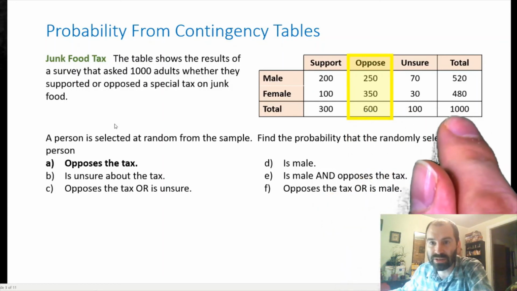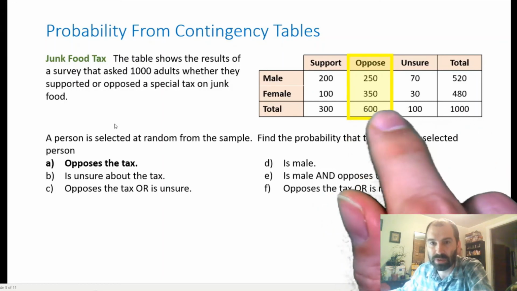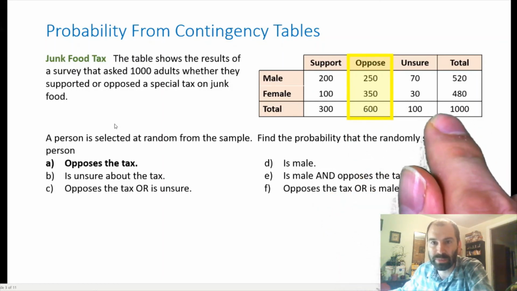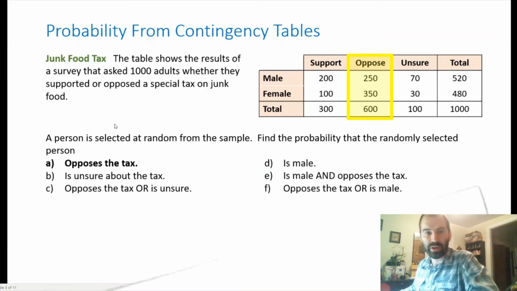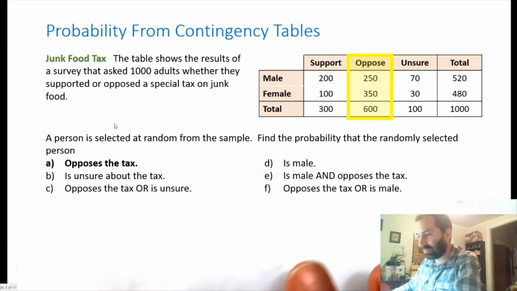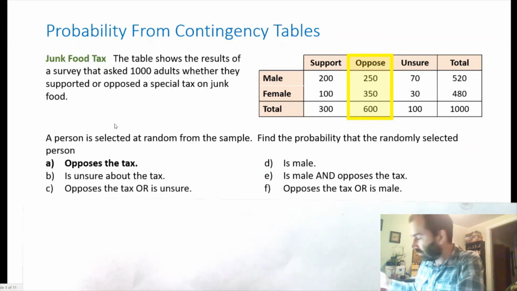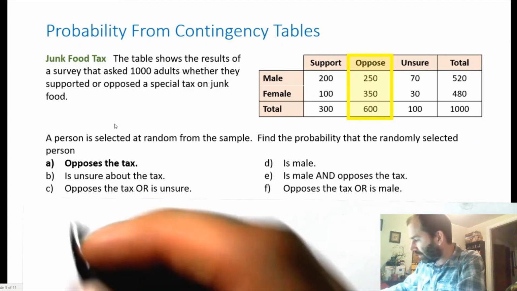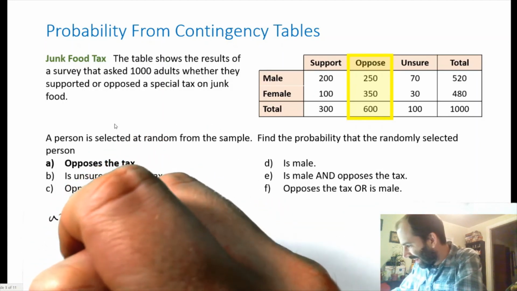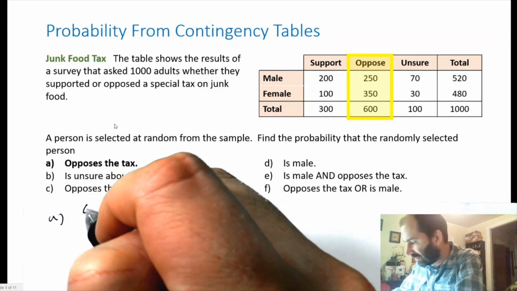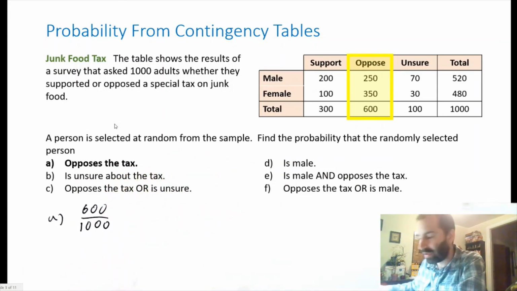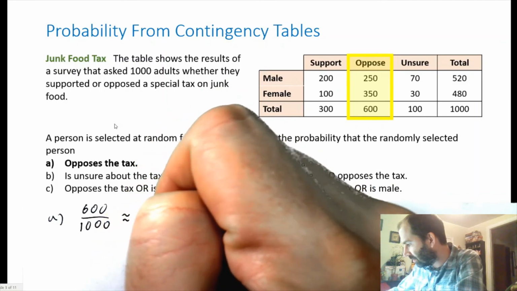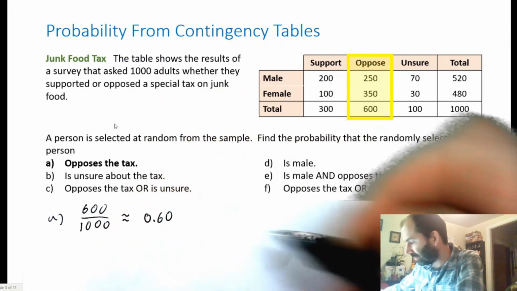Well, there's 1,000 total people. So it's 600 out of 1,000 people opposed the tax. So that gives us our probability. A is 600 over 1,000, or in other words, 0.60.